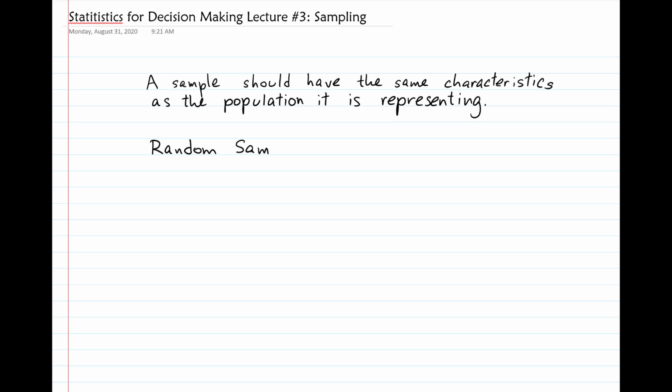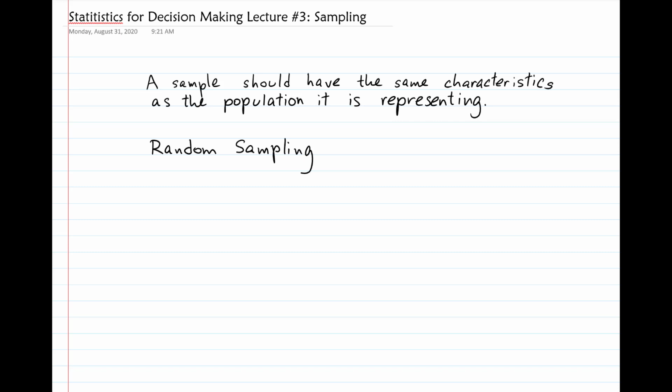And there's many ways to do random sampling. What does that mean? It means that your 500 people need to be chosen randomly. But there's several ways to do that.